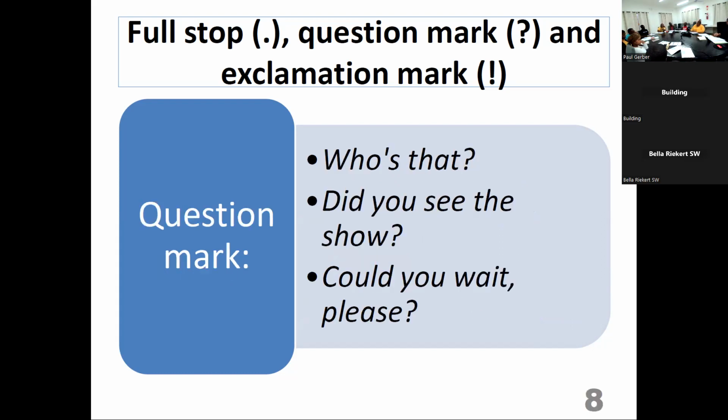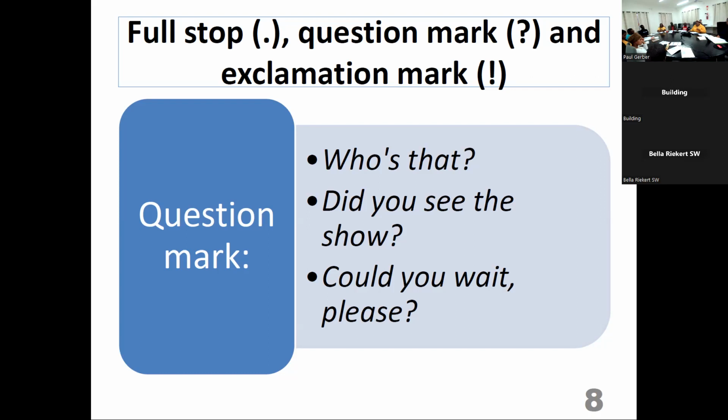Then the next one is a question mark. So the question mark is when you're asking a question, you put the question mark at the end of the sentence. You'll see the full stop is still there. It means your sentence is finished. You just put the little thing on there, and that makes it the question mark. Who's that? That's the question.